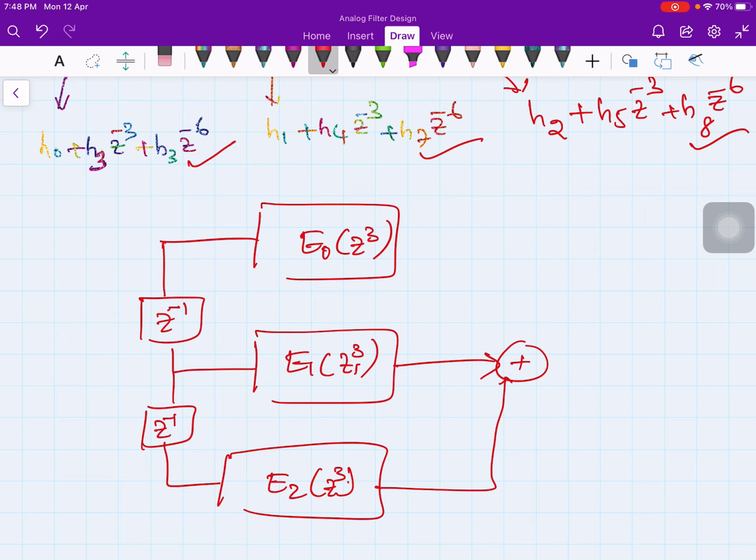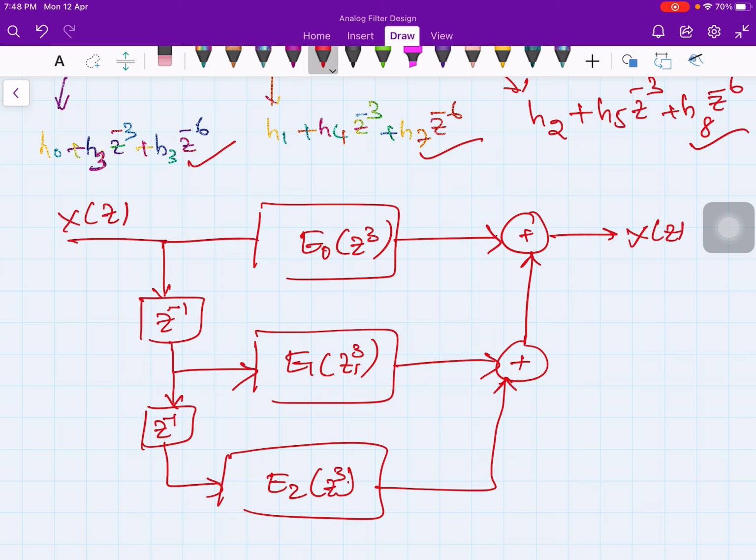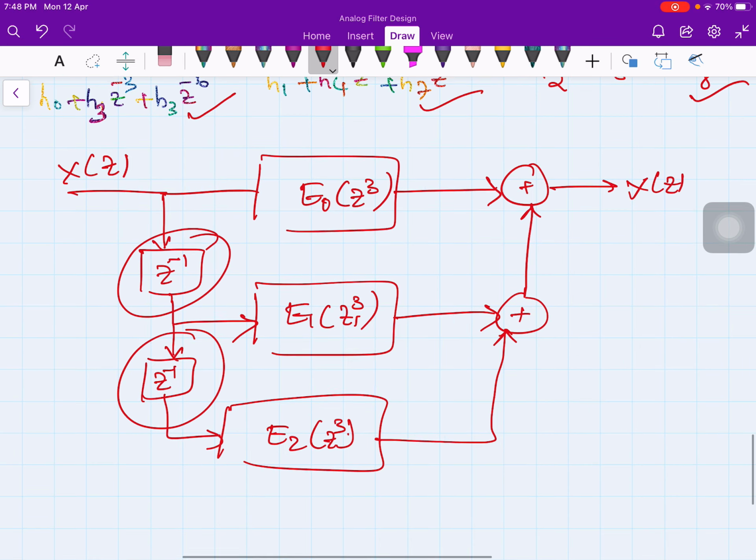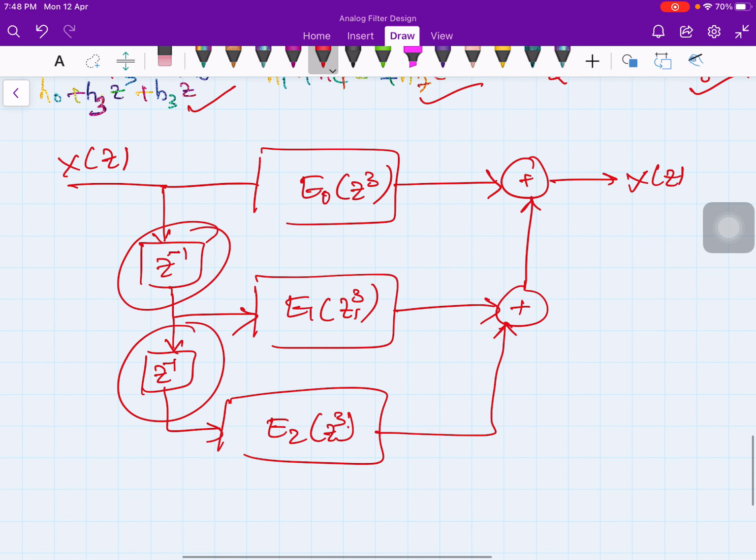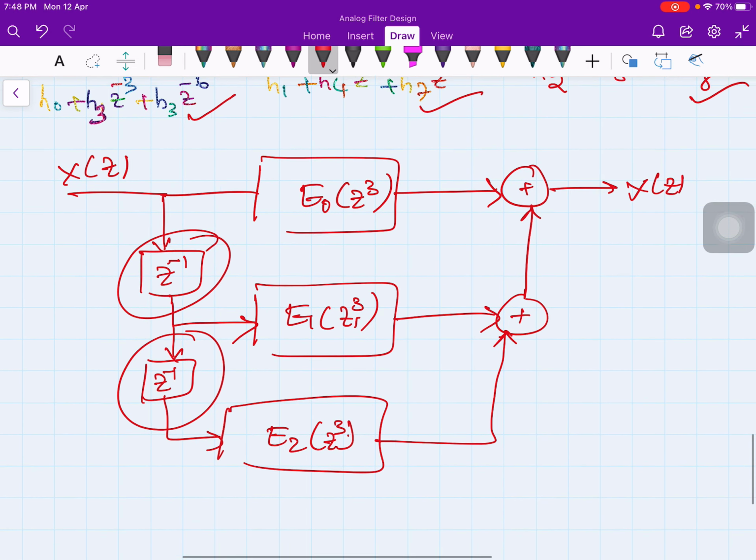In order to respect the hardware realization, I should not give more than 2 inputs to an adder, so I have given only 2 inputs. You put one more adder here, and then this is my output Y of z, and this is input X of z. Therefore, I have 3 paths, and you recover 2 extra delays. But again, if you count, the total number of delays that you are using is still 8.